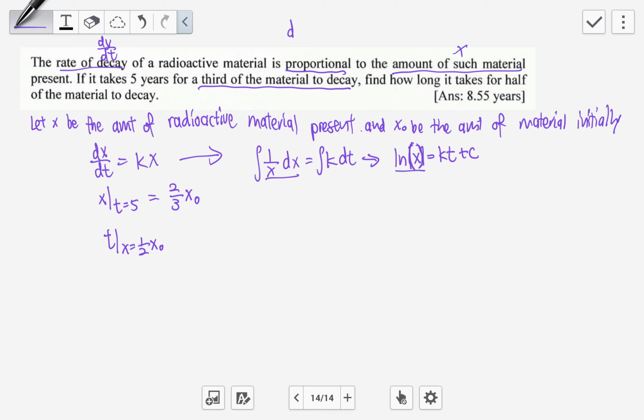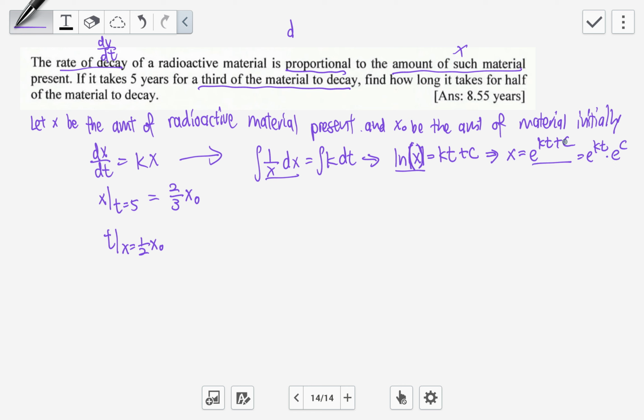And then here I can put an exponential on both sides. I'll get x equals e^(kt+c). A common mistake made by students is to write this as Ae^(kt) plus e^c. That is wrong, because it's algebraically incorrect. So this will be e^(kt) multiplied by e^c, right?